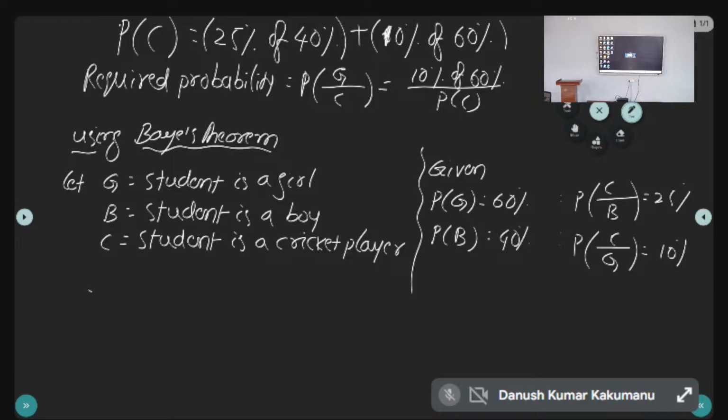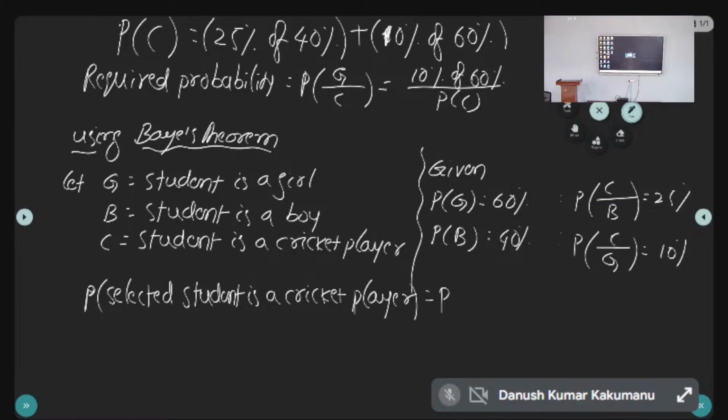P of C is equal to P of selected student is a cricket player, which is nothing but P of C.